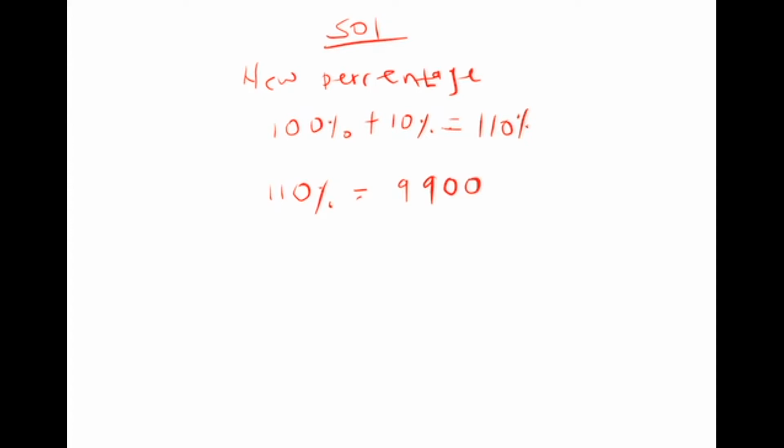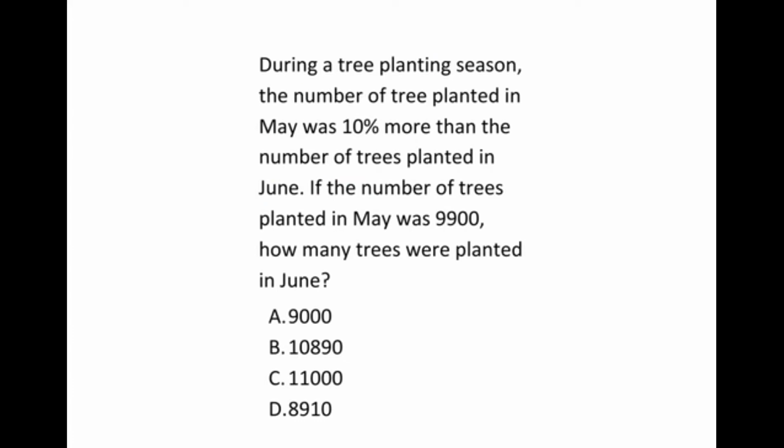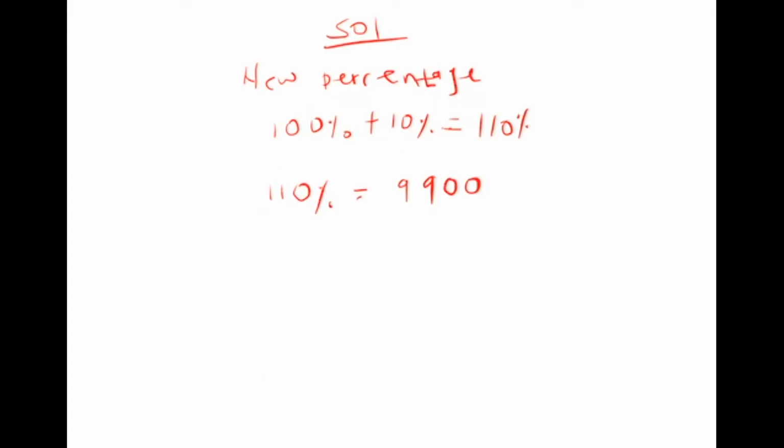Then the question is asking us the number of trees which were planted in the month of June. Therefore, the month of June has 100%. Therefore, what about 100%? We cross multiply. Therefore, we shall have 100 times 9,900 divided by 110.